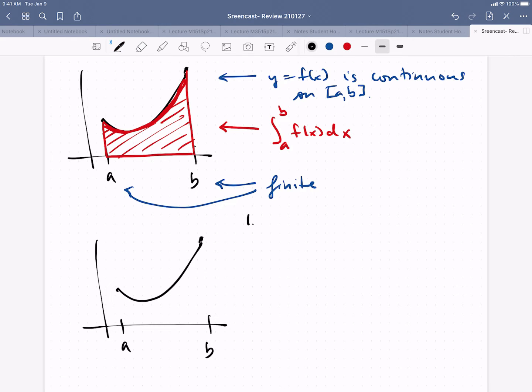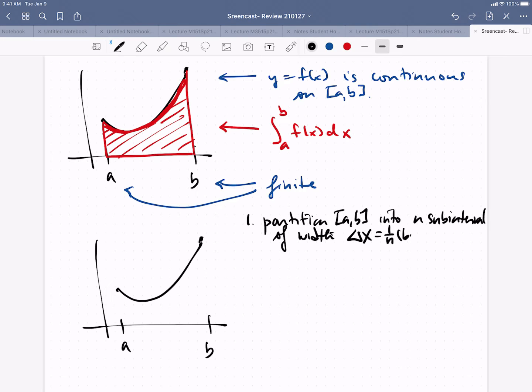So there's a process. The first step in the process is to partition the interval [a, b] into n subintervals of width delta x, and delta x is going to be b minus a, the length of the interval, divided by n.